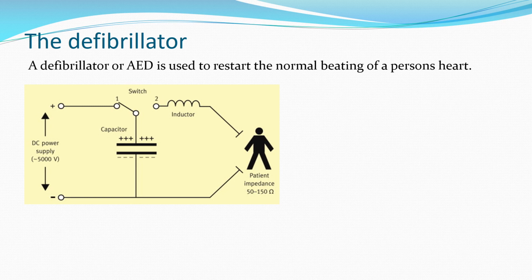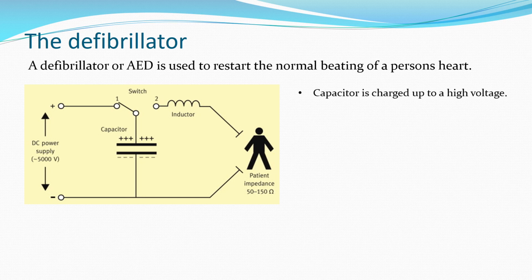We see here in a circuit a capacitor and inductor. Notice how the capacitor and the inductor are not placed in the same series connection as we would normally have for a capacitor circuit with a resistor. We have a DC supply. This charges the capacitor. When the switch is moved to position 2, the capacitor will then discharge.